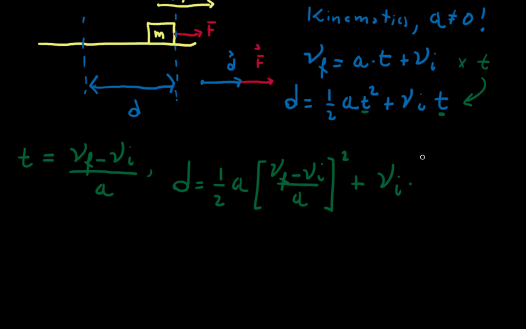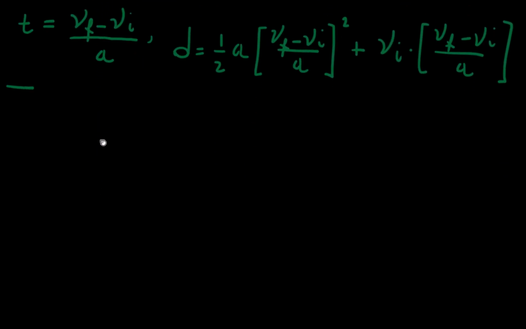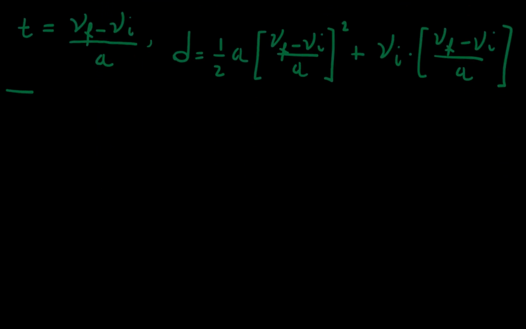Now this is also the whole quantity, velocity final minus velocity initial over acceleration. And it doesn't seem very promising at this point, does it? But let's massage this a little bit more.